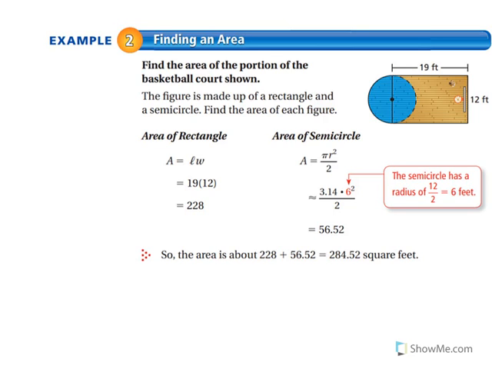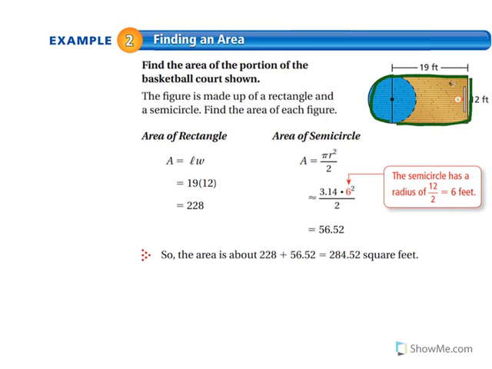The figure is made up of a rectangle and a semicircle. I know you see a circle, but it's a semicircle we're looking at. So we're looking at everything inside this entire shape.